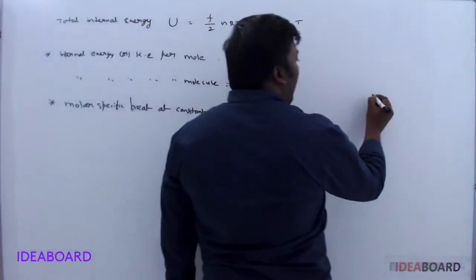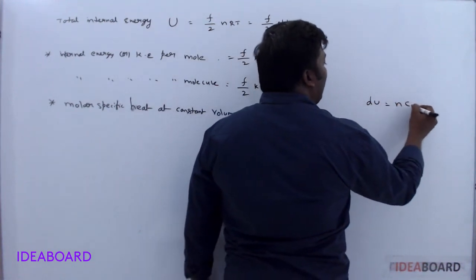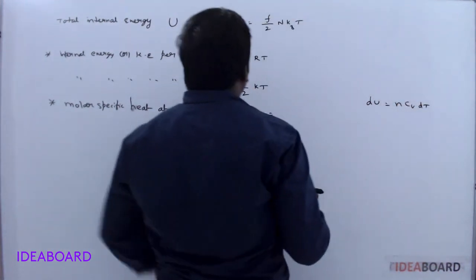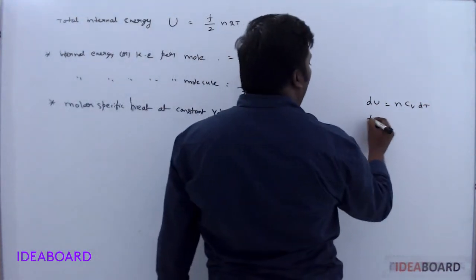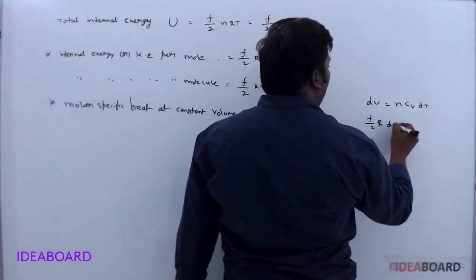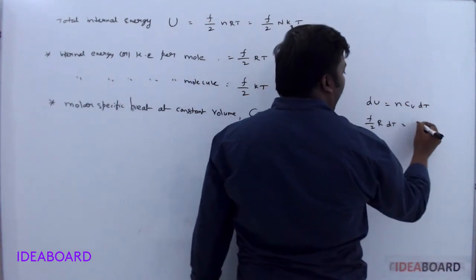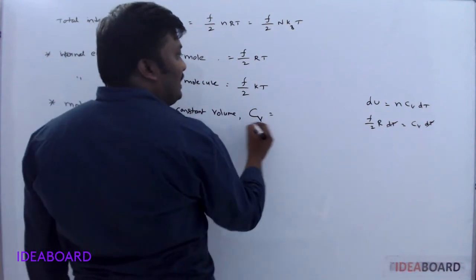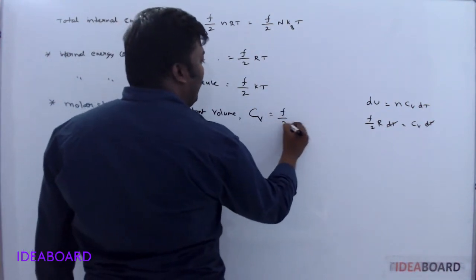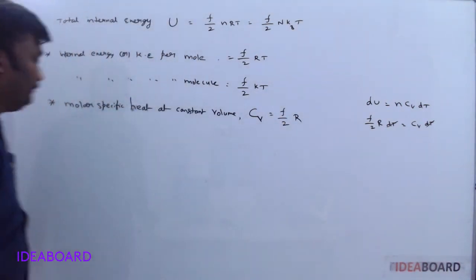We know the formula for dU is nCv dT. So the internal energy per mole, F by 2 R dT, equals, for one mole, CV dT. The dT cancels. So the formula for CV is F by 2 R.